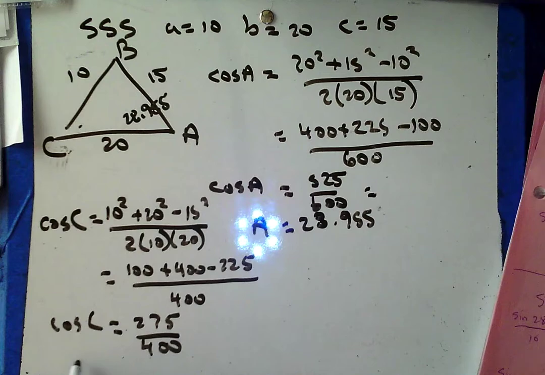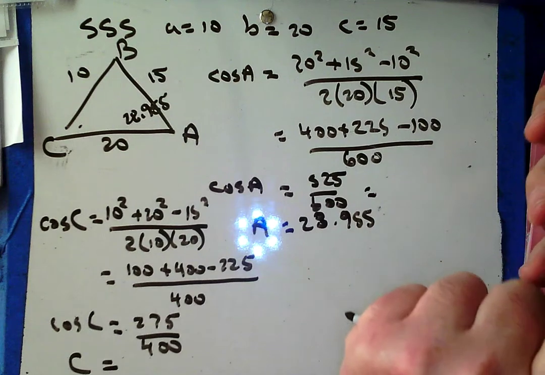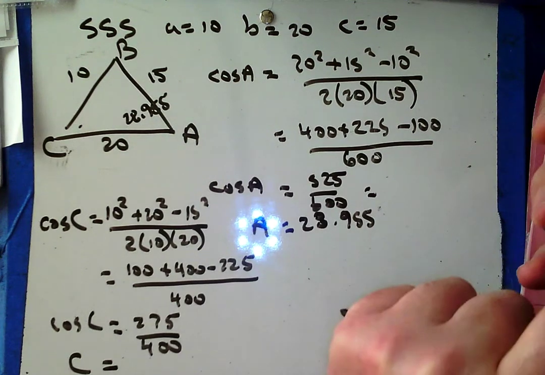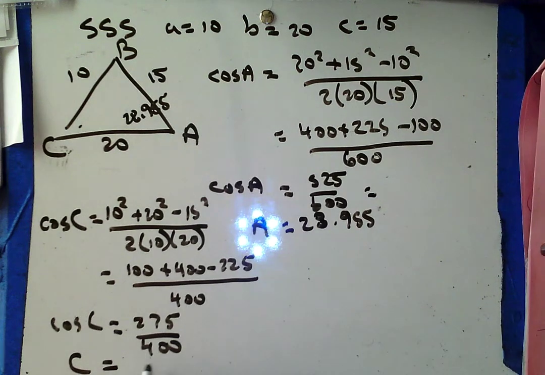That's the cosine of C. And so C, inverse cosine of 275 divided by 400, I get 46.567 degrees.